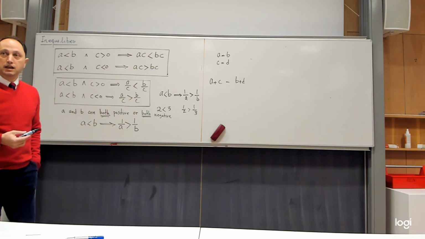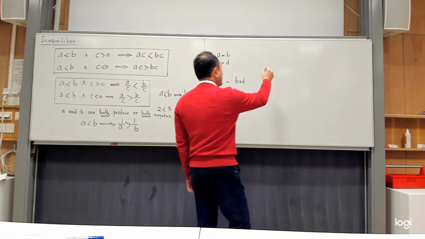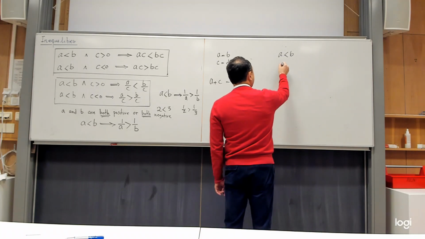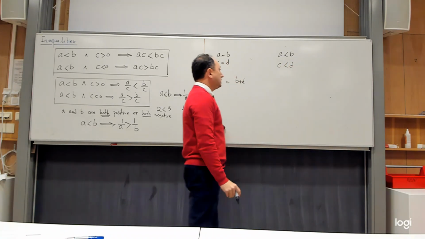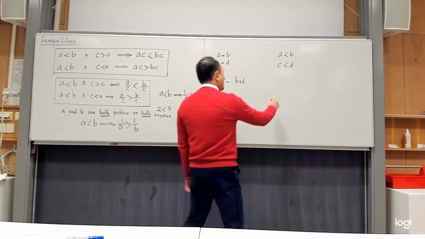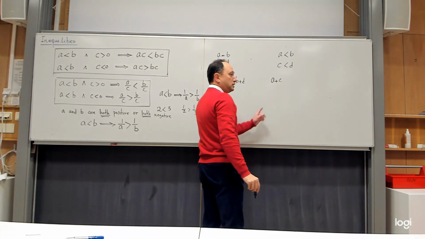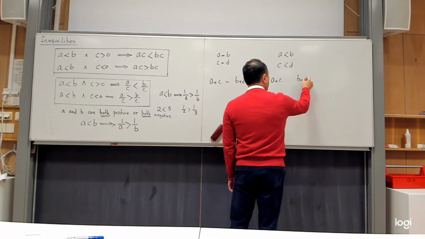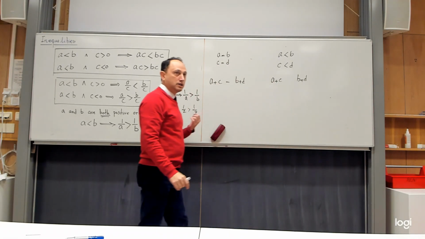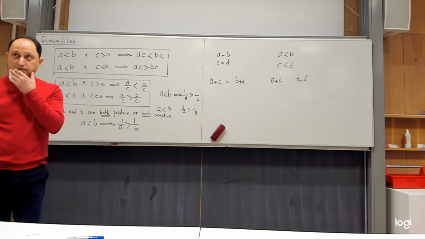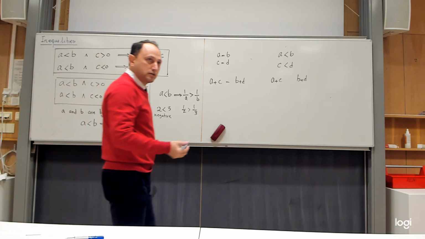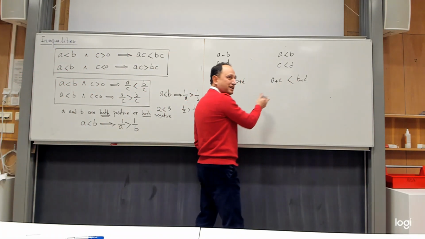Yes or no? What can I do with inequalities? Do you think this is very, very important? If I have this inequality and I have this inequality, I know that A is less than B, I know that C is less than D. And now I add A and C together, it becomes a new number. I add B and D together, it becomes a new number. How are these two numbers related, if there is any relation between them? Yes? A plus C is less than B plus D, yes? Is that understandable for everyone?